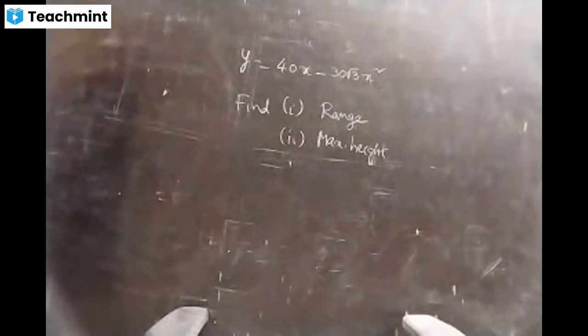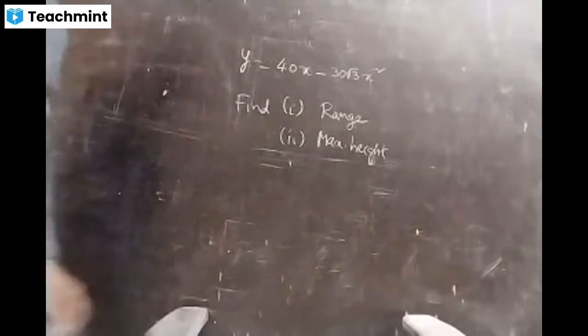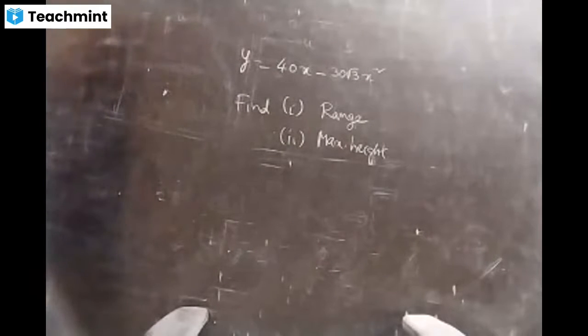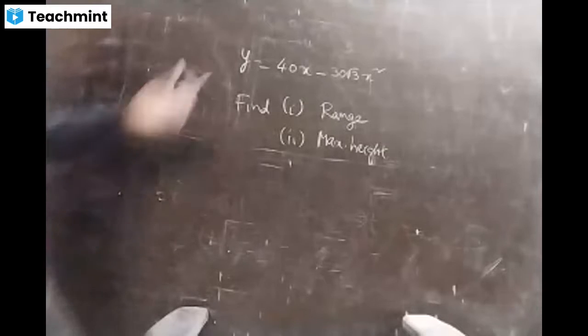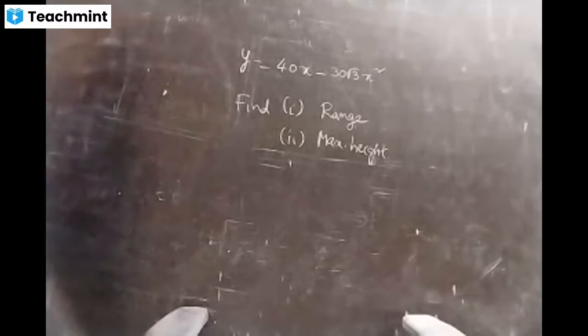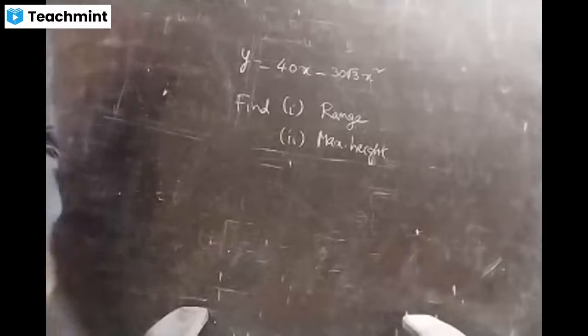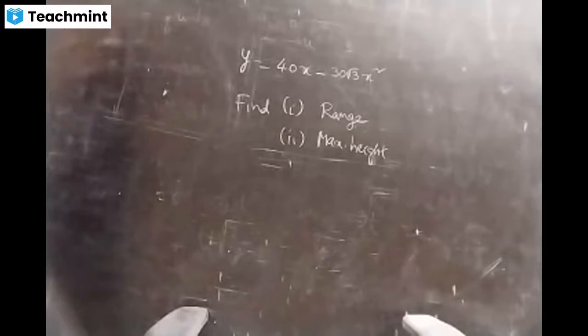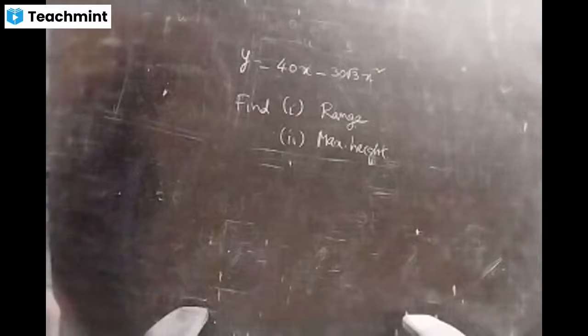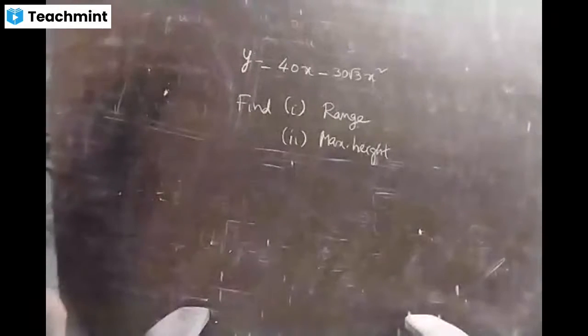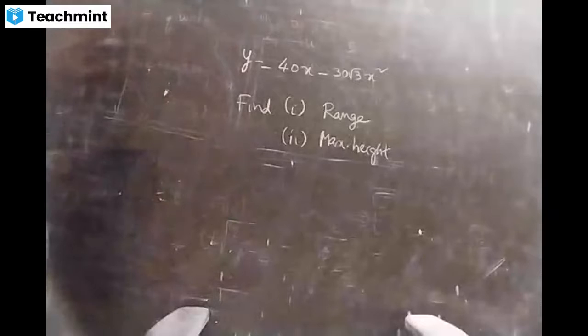These two I want. I have given only one equation: y is equal to 40x minus 30 root 3 x square, but I am asking two bits. One is range and the other is maximum height. Range is 4 by 3 root 3, sir.